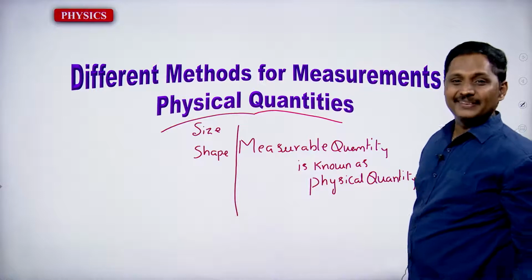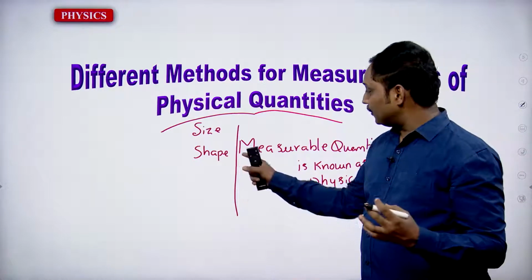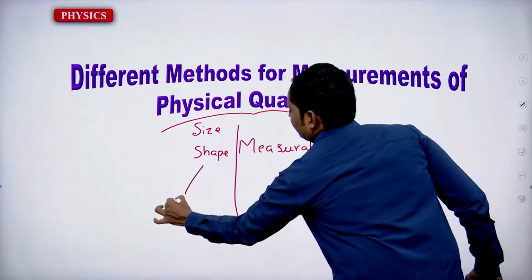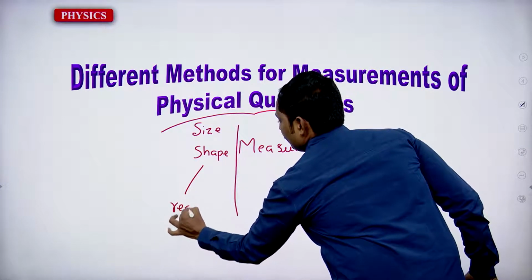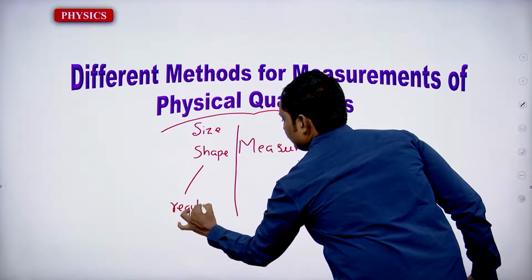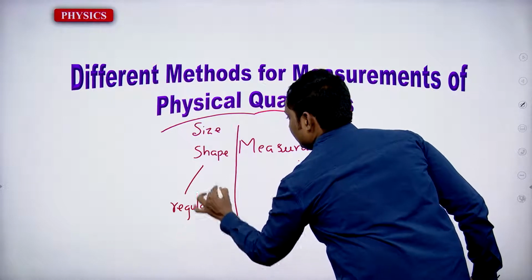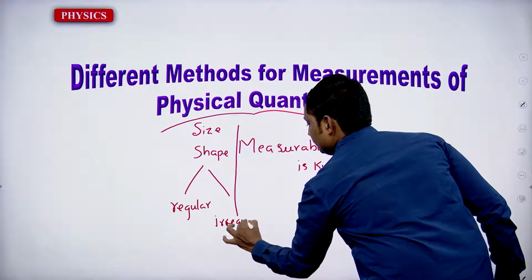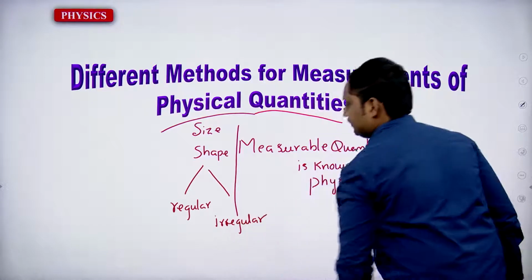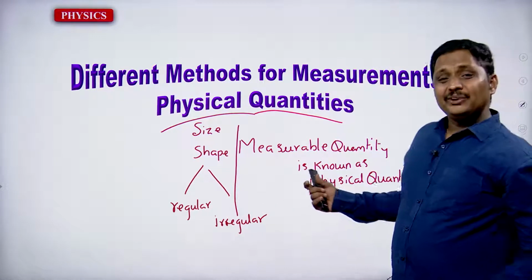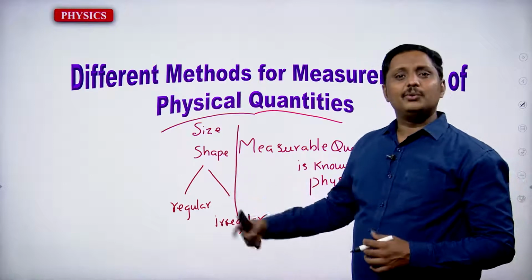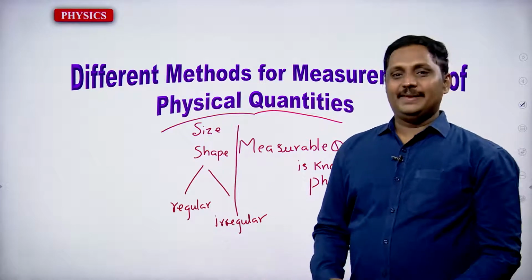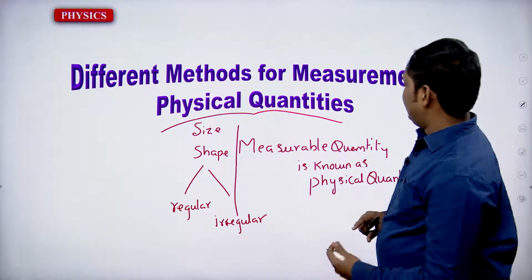Physical properties are related to size and shape, and there is regular and irregular. If it is regular, you can measure it. If irregular, it is not easily measurable.